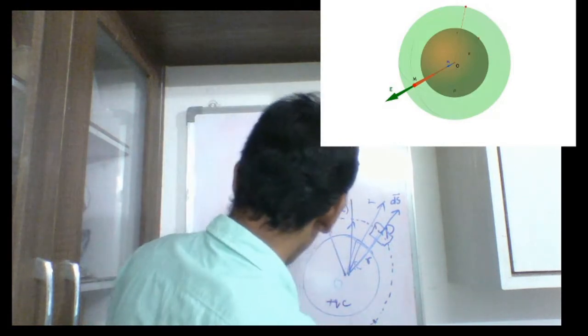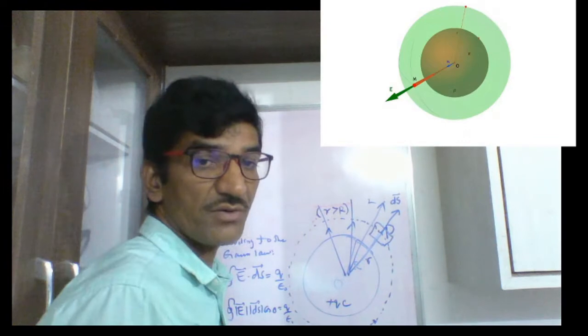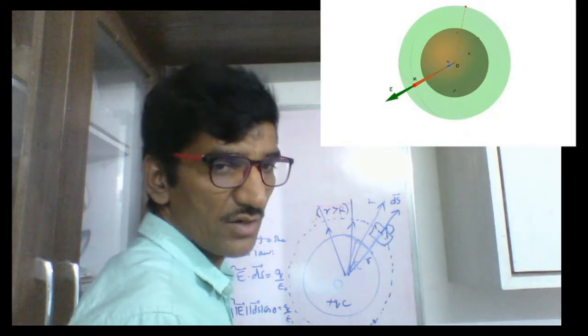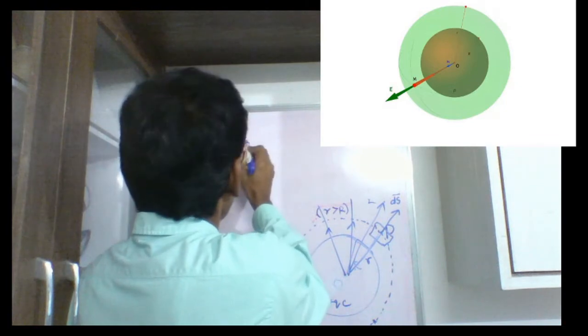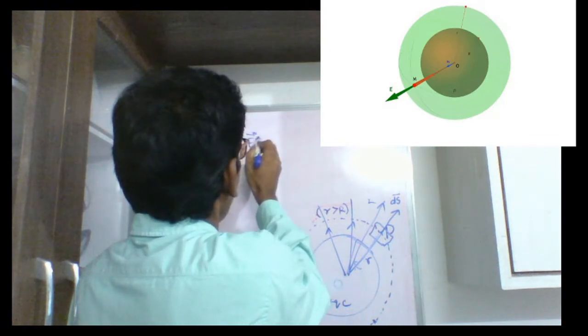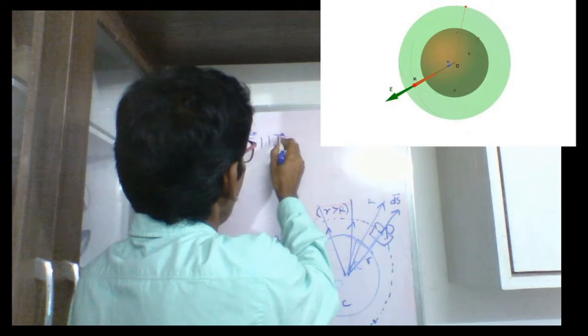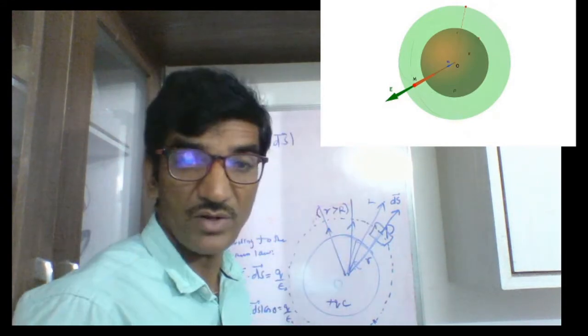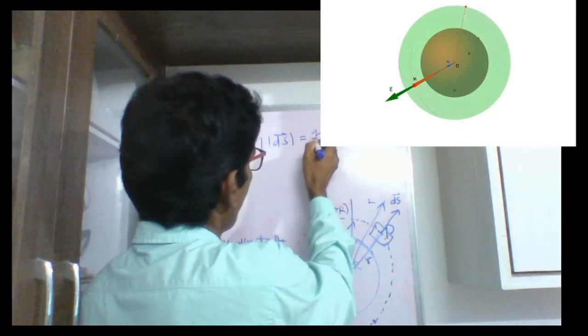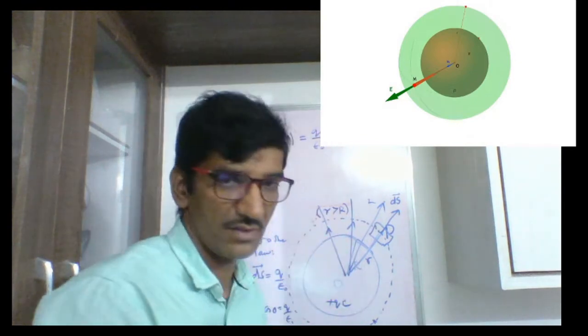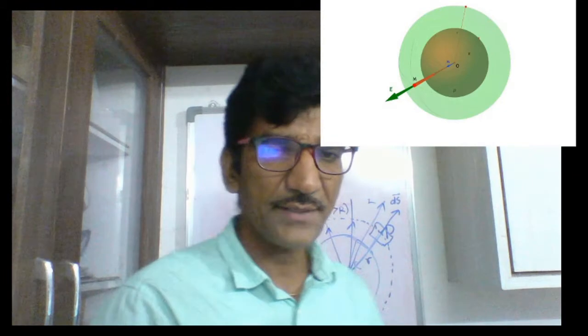What is cos 0? Cos 0 is 1. That's why on the LHS you are only left with integral mod E mod ds, which is equal to q by epsilon naught.